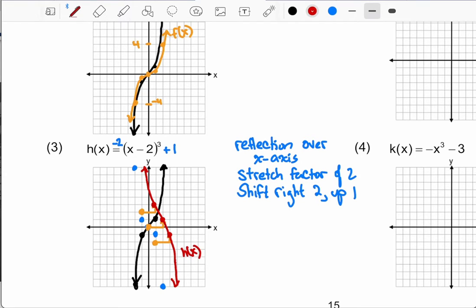With cubic functions, you think about, for example, if I take 2 and raise it to the 3rd power, not a big deal, it becomes an 8. But if I take 5 and raise it to the 3rd power, it becomes 125, which is really far away from the x-axis.